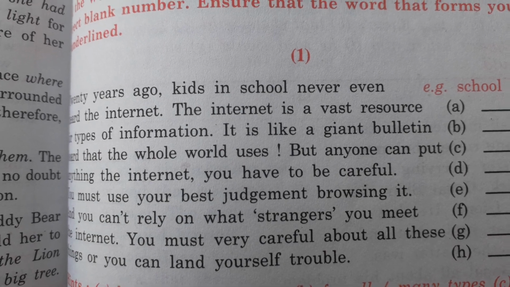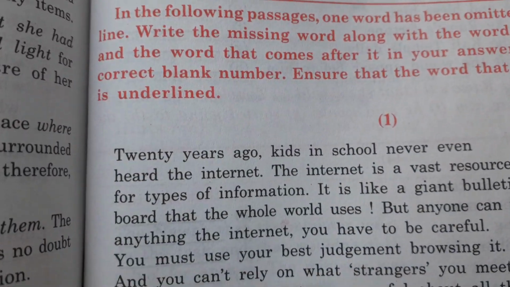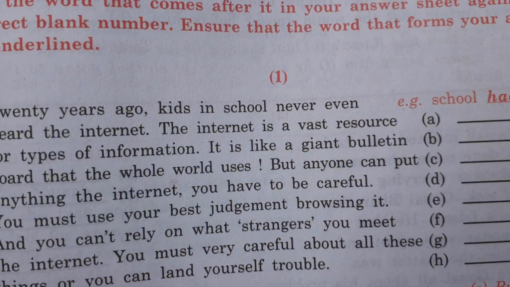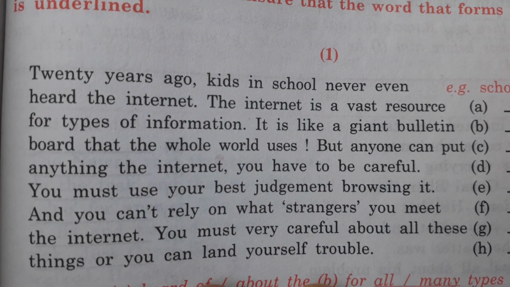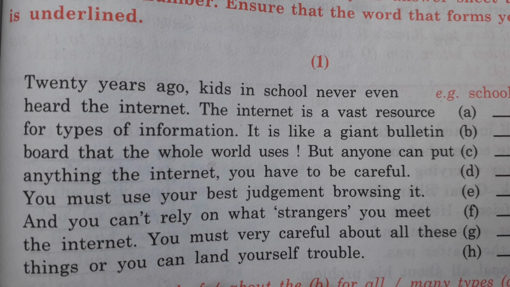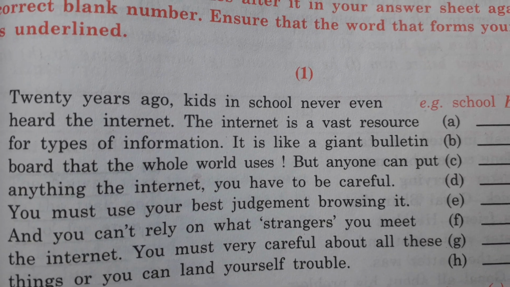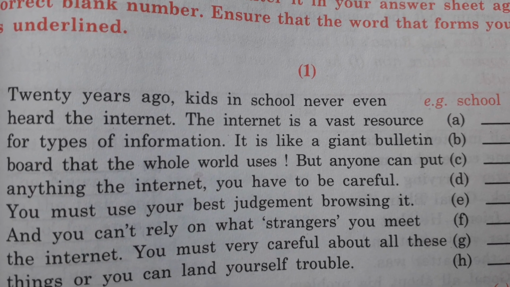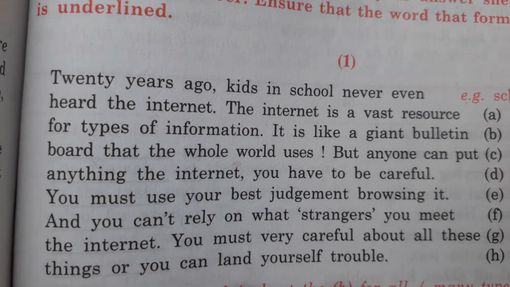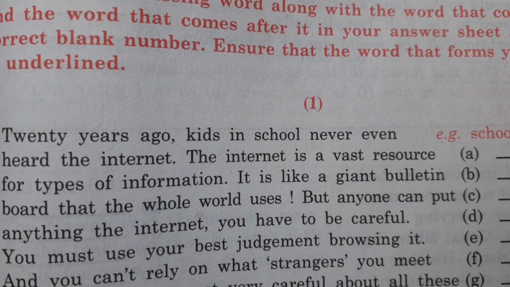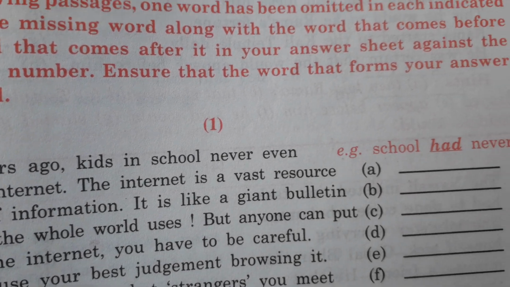Look students, when you read the passage, there may be some words that are not given in the passage, and automatically it comes out of your mouth because you know that this word should be used here. Look, we'll start. 20 years ago, kids in school never even.